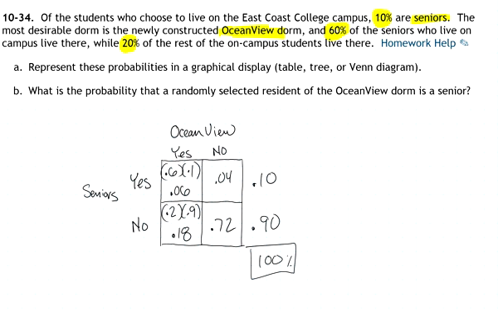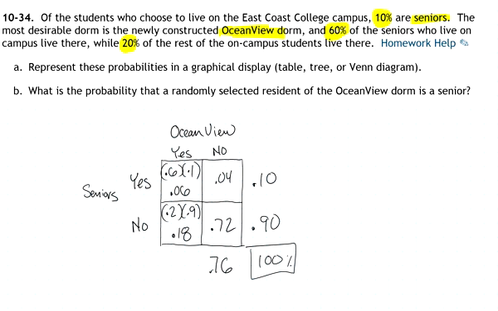And I guess I could fill in the other marginal stats here. So let's see. That would mean in total that people that don't live in Ocean View would be 76% of the entire student population that live on campus. I have to keep reminding myself, this is of the people that live on campus.